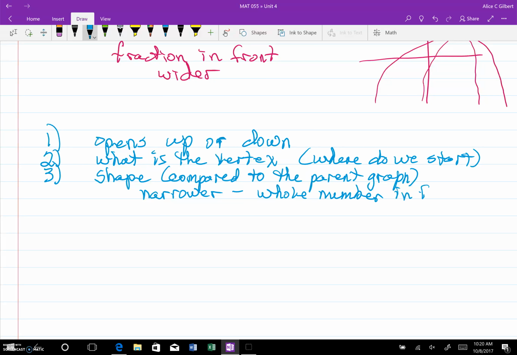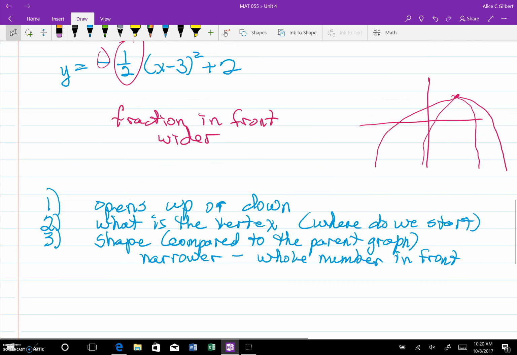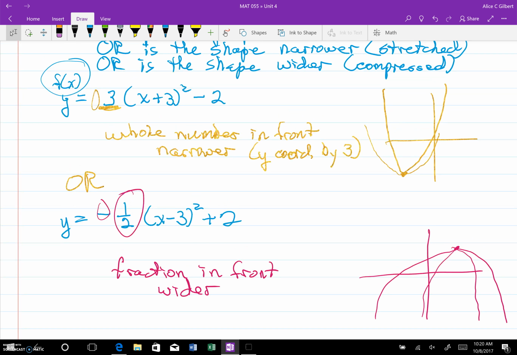and we would multiply the y coordinate by that whole number. In this case, what we have here is 3.